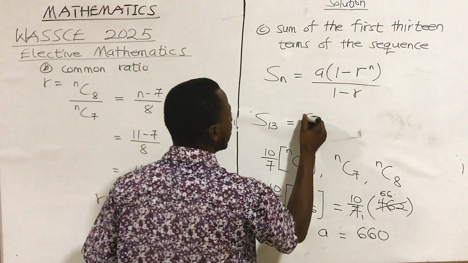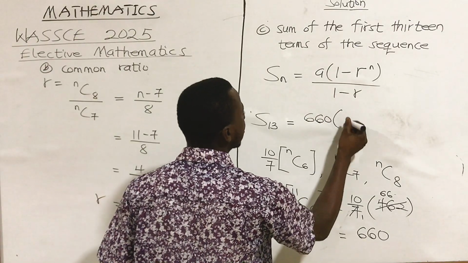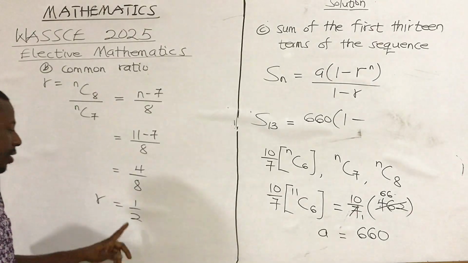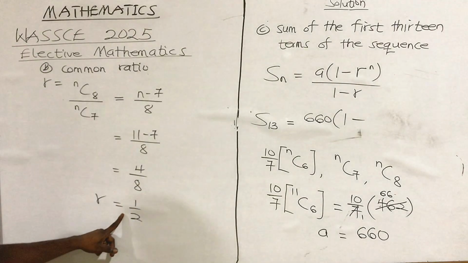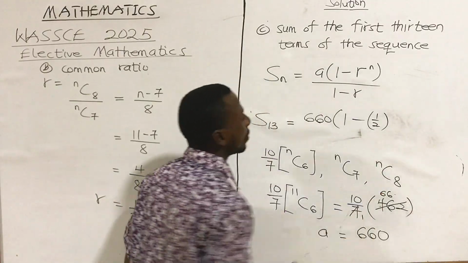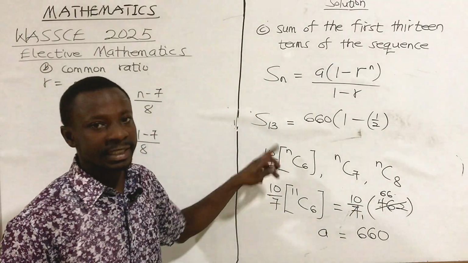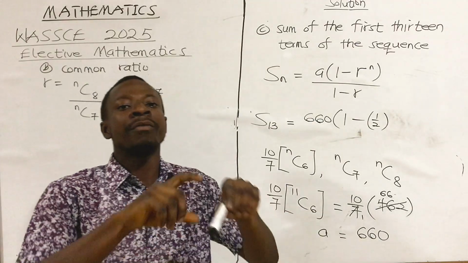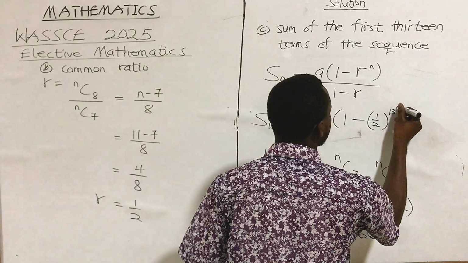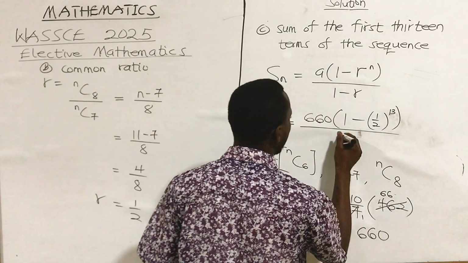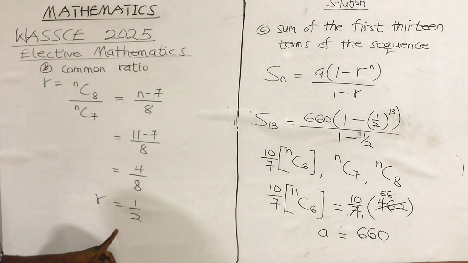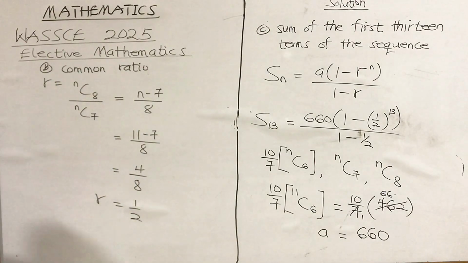So we have 660 into bracket 1 minus r exponent n. And we know that our r is 1 over 2. So we have half exponent n, and the n is 13, because the question said the sum of the first 13 terms, all over 1 minus half, because we still have the r to be half.